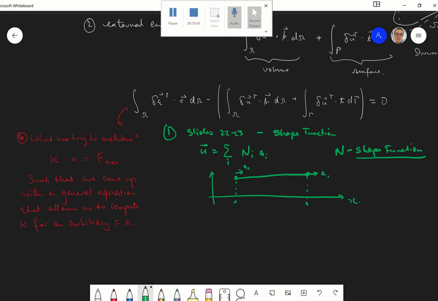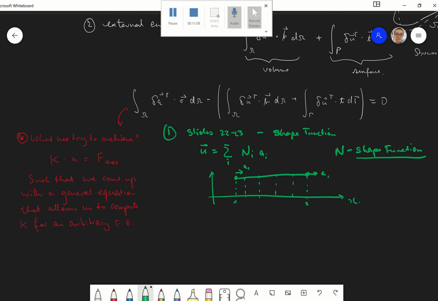Now, because this is a continuous body, when these two nodes start to move, it will start to move everything in between. Right? So you will start to have some displacements in all the points in between.